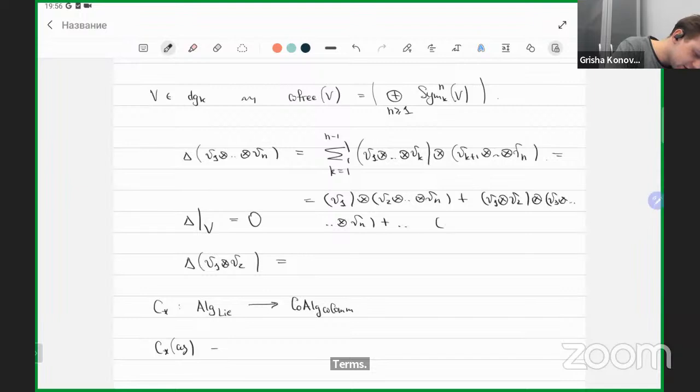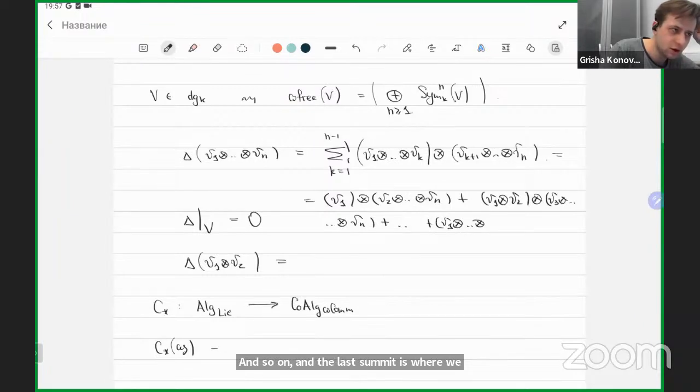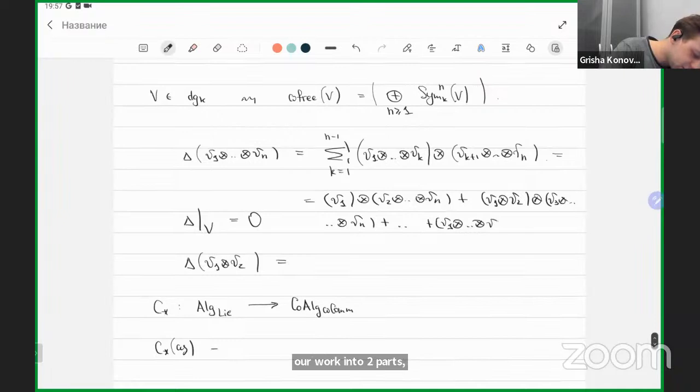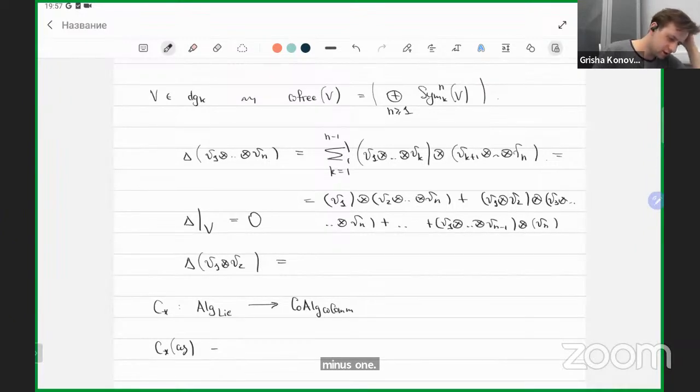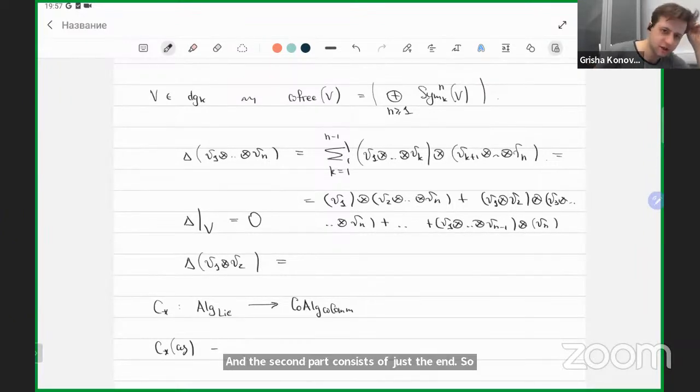The last summand is where we have split our word into two parts, where the first part has length n minus 1, and the second part consists of just the nth letter.